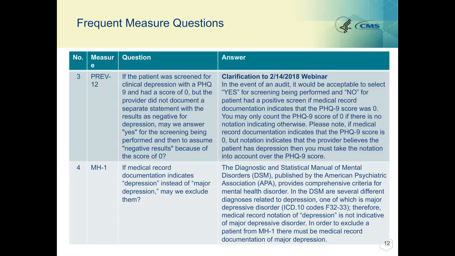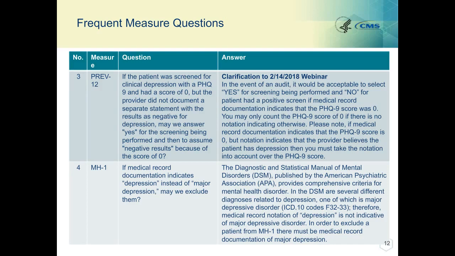The additional answer is, in the event of an audit, it would be acceptable to select yes for screening being performed and no for patient had a positive screen if the medical record documentation indicates that the PHQ-9 score was 0. You may only count the PHQ-9 score of 0 if there's no notation indicating otherwise.